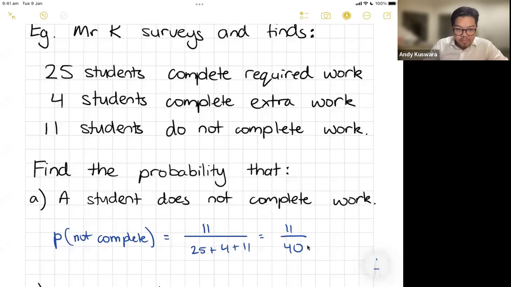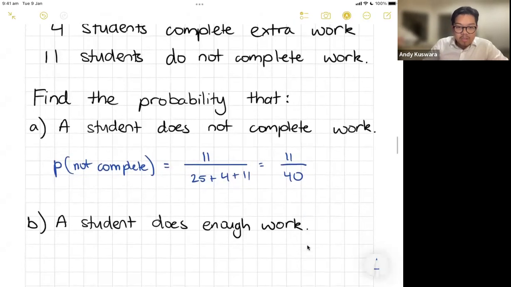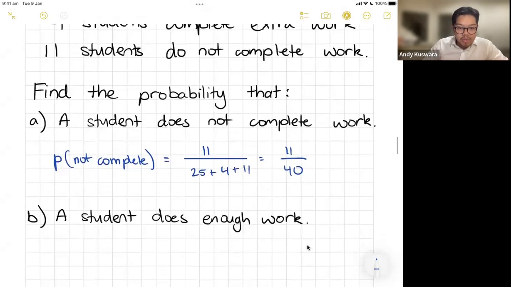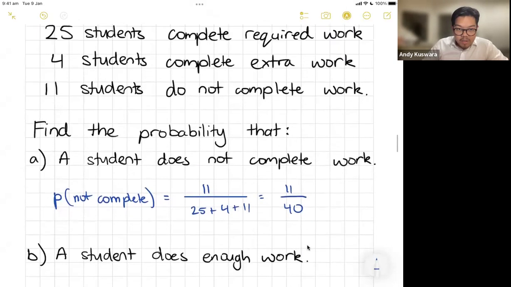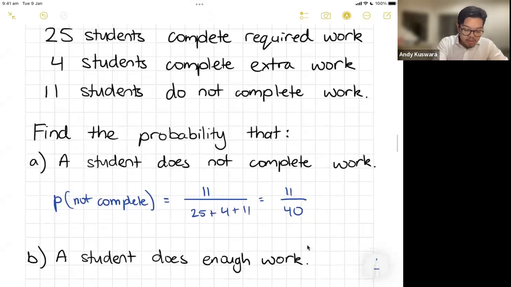Now with these questions, they might start to get a little bit cheeky. Find the probability that a student does enough work. What I need to figure out is that the people that do extra definitely do enough, and the people that complete it, that's definitely enough. So how many students do enough work?